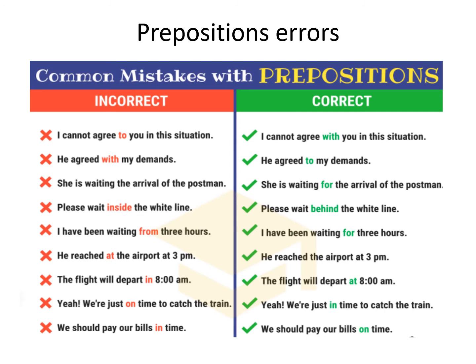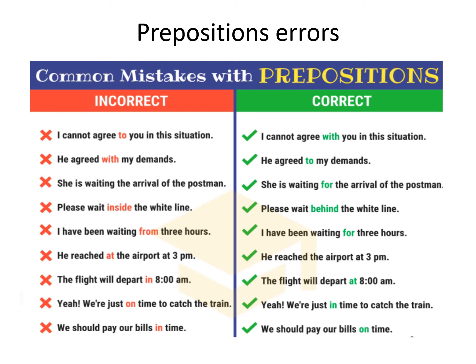Preposition errors: most of the time, the majority of the learners have to face this. So what about the use of agree to? It's a wrong way. Agree with is right. Agree to by the months, or waiting the arrival of the postman? No, it's waiting for, right?